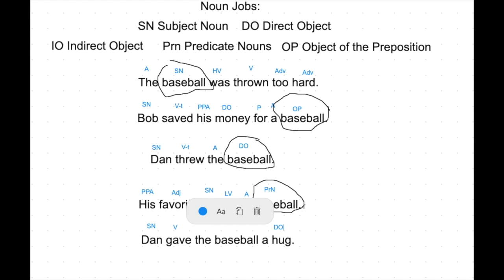So hug is a direct object. That means this verb is a verb transitive. Dan gave a hug to what? Baseball. Indirect object. The is always an article adjective. A is always an article adjective. As you can see, baseball is used as an indirect object here.